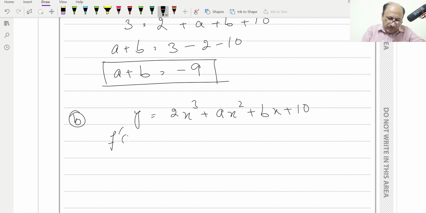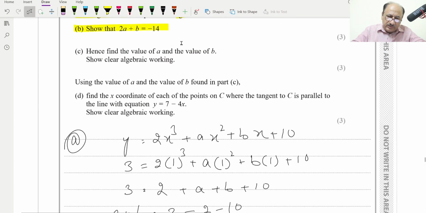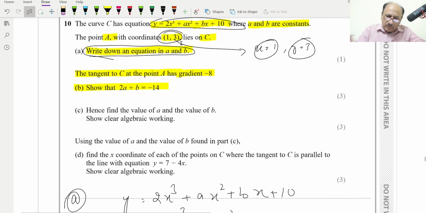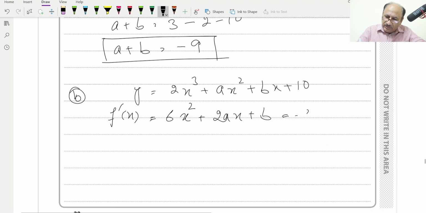So f dash of x will be equal to: derivative of 2x cubed is 2 into 3, which is 6x squared, plus 2ax plus b, and the derivative of the constant 10 will be 0. They have mentioned the gradient is equal to minus 8, so we equate this to minus 8 and replace the point x is equal to 1.